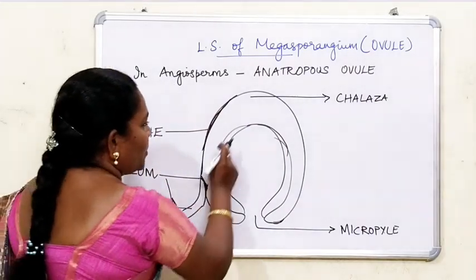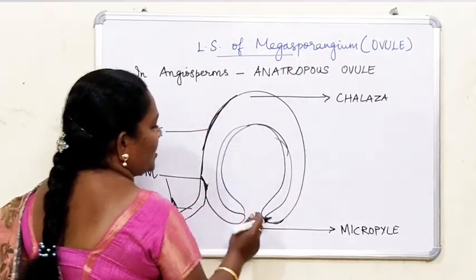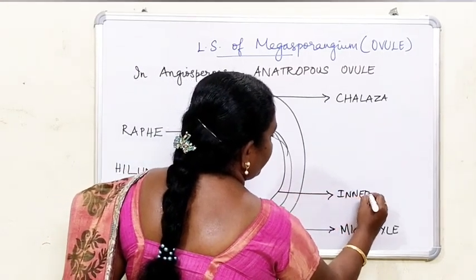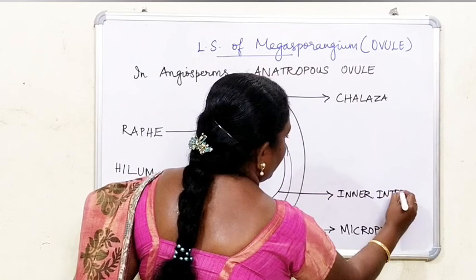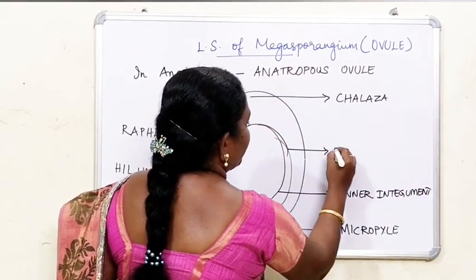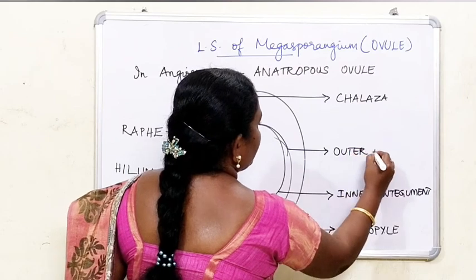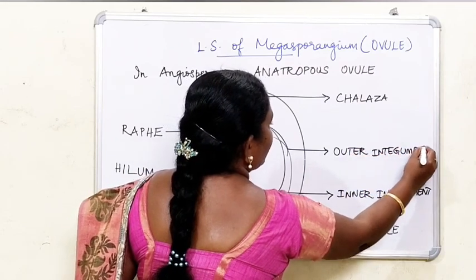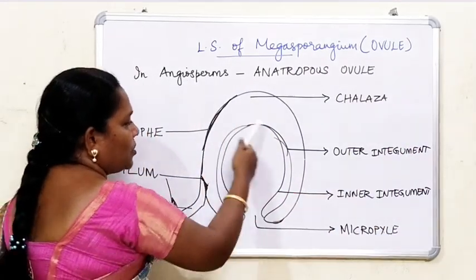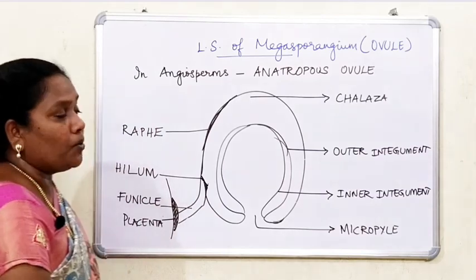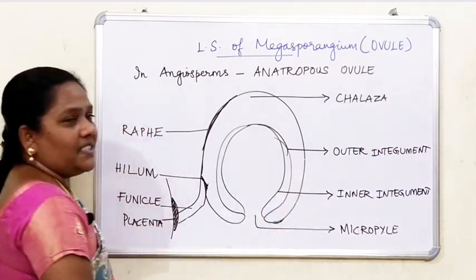And this ovule, it is covered by two integuments. So this is the inner integument. Okay? And this is the outer integument. So this is a very special character in angiosperm, that too in anatropous ovule. So it has an outer covering and an inner covering. You call these to be integuments, outer integument and the inner integument.